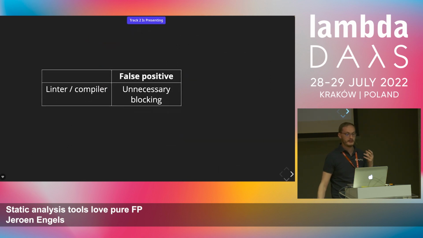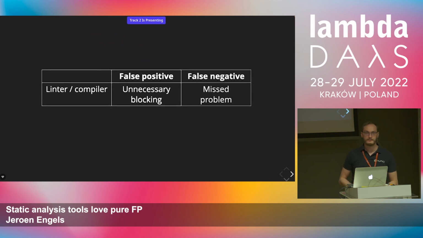So when we talk about a linter or a compiler, a false positive is causing you to be unnecessarily blocked. You need to do something, change your code, add a disable comment, in order to move on. You also have false negatives. That is when the tool doesn't report an issue when it should.